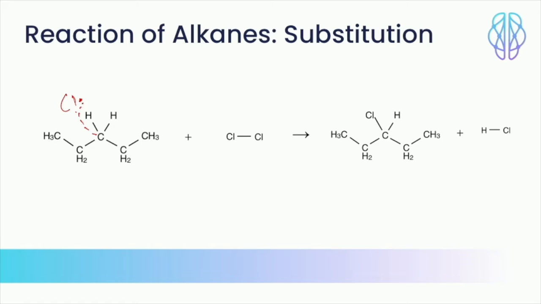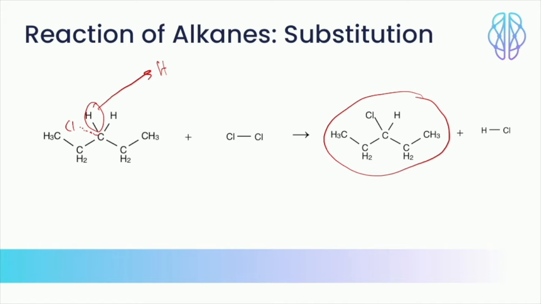So what will happen is you basically get an intermediate bond forming here, and then that bond gets weaker and weaker, and that hydrogen shoots off. So the result is you have 3-chloropentane and hydrogen chloride, which forms with the other free radical here.